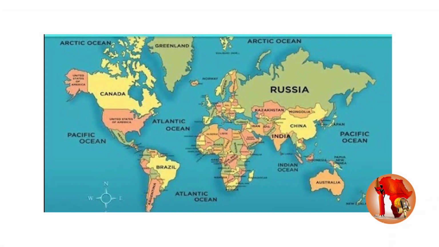Lands such as Greenland, Alaska, and Russia are located rather far from the equator.